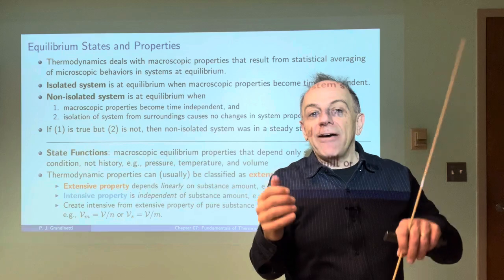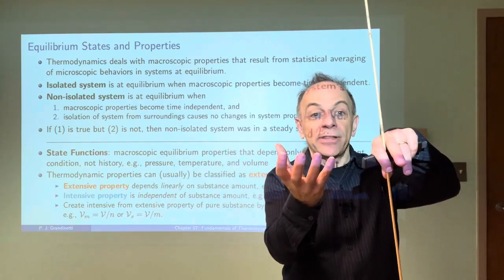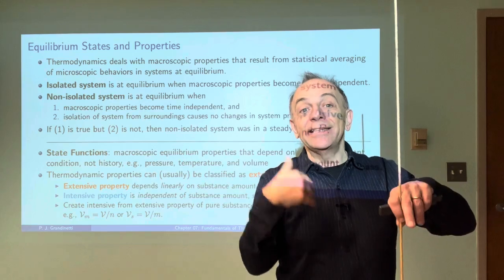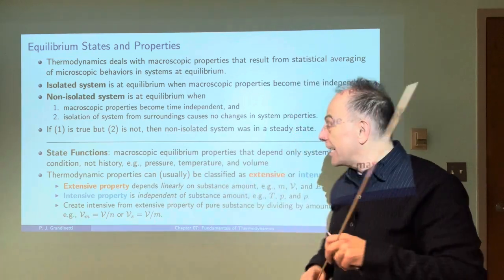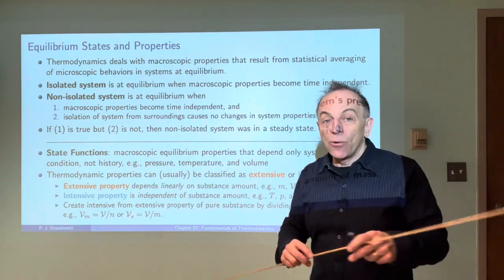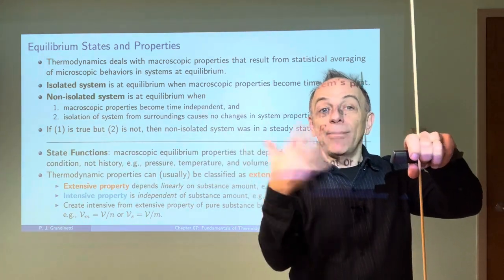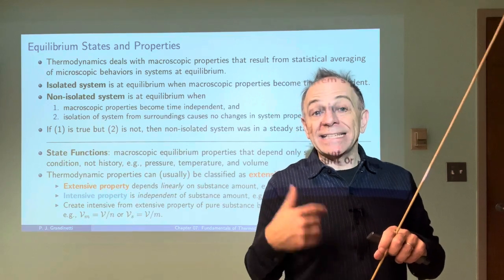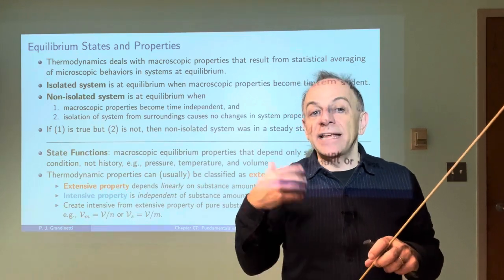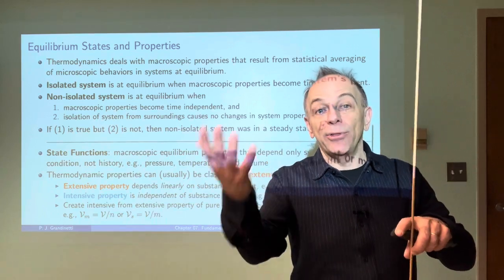The temperature of that object, if it was identical and brought together with another object of identical temperature, stayed the same. That's an example of an intensive property, which is independent of the amount of substance, whereas the mass of the two cuboids, when put together, doubles. That's an example of an extensive property. Extensive properties depend linearly: if you double the material, you have double the property.